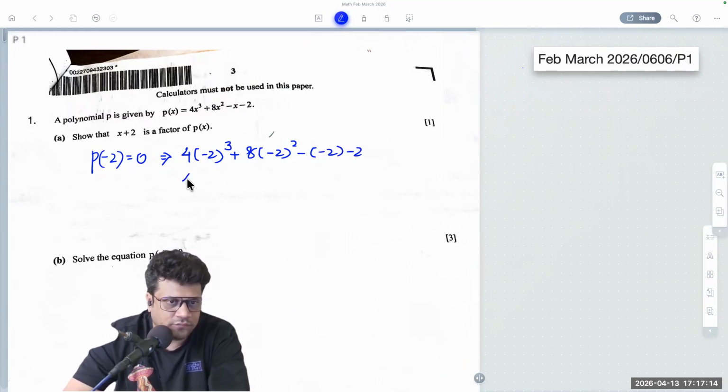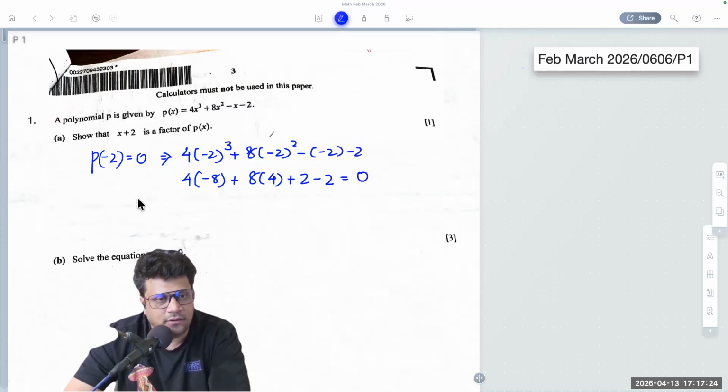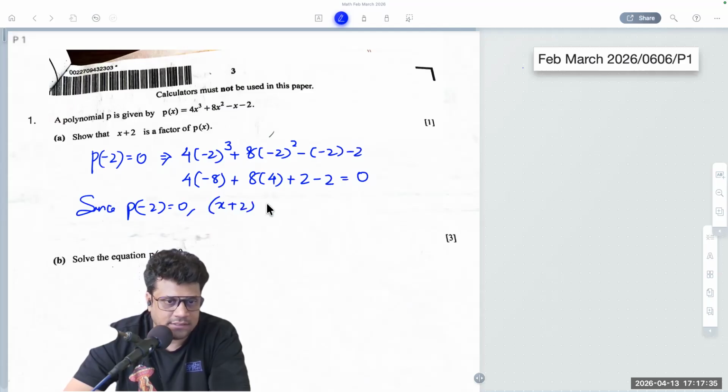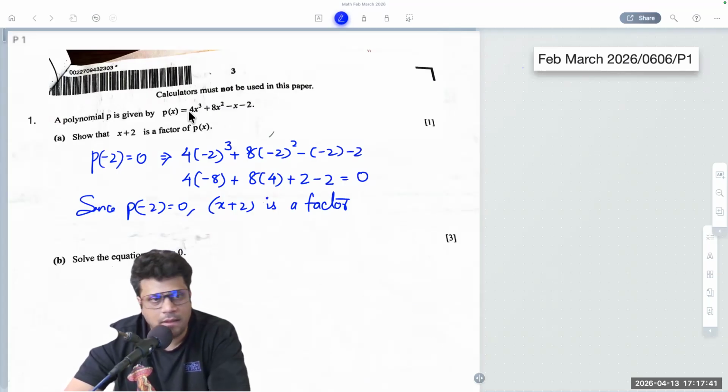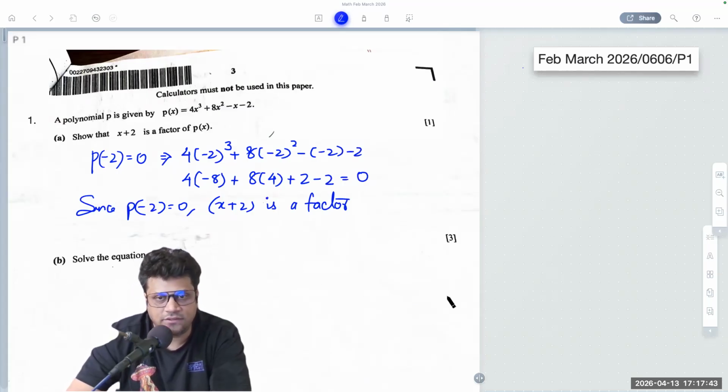Let's see. 4 into negative 8 plus 8 into 4 plus 2 minus 2, and that actually comes out to be 0. So since p of minus 2 is 0, x plus 2 is a factor. So that was the first question.